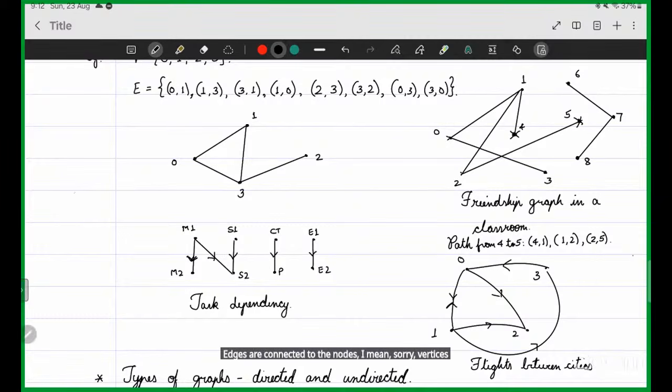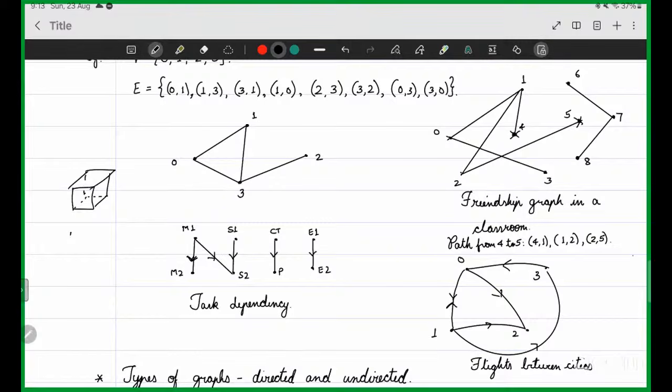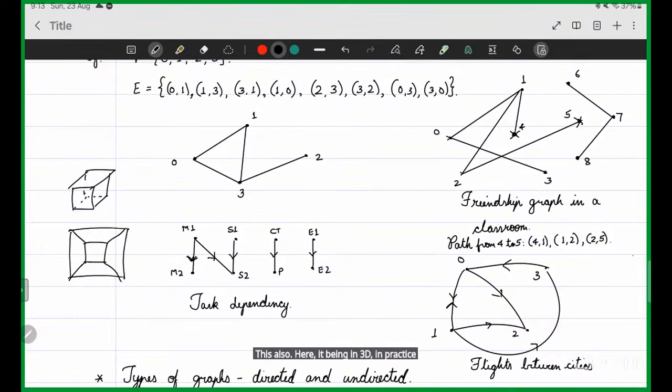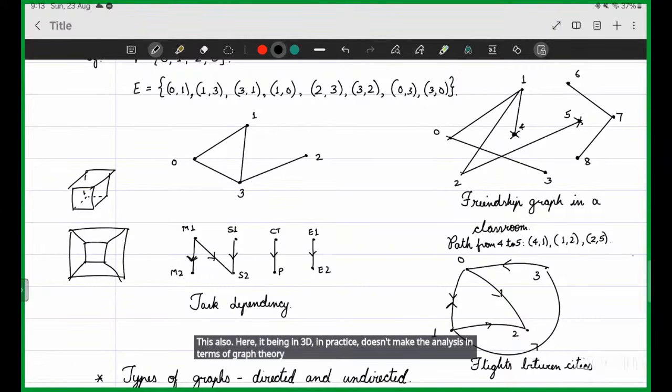So even if you have a full cube, something like this, I can just write it as this also. Here, it being in 3D in practice doesn't make the analysis in terms of graph theory any different, right?